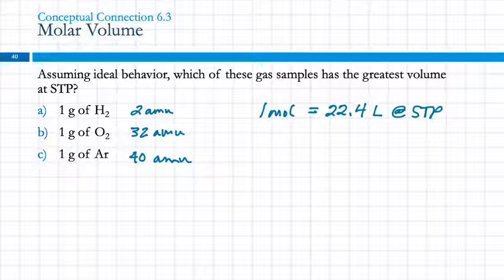So which of these is going to have a greater volume? The hydrogen. Because each of the particles weighs less. You're going to have more particles in 1 gram. The masses are equal, so the smaller particle, you'll have more particles in the same mass. Because it weighs less.